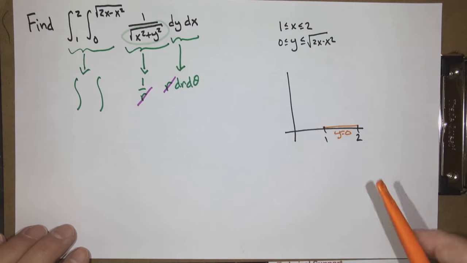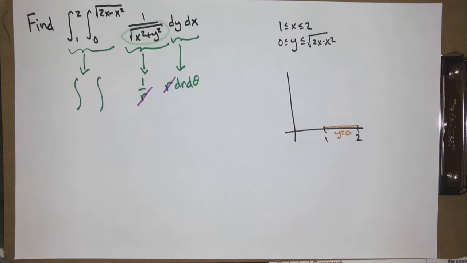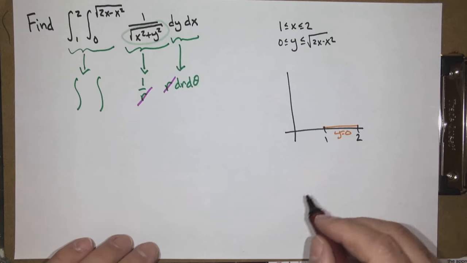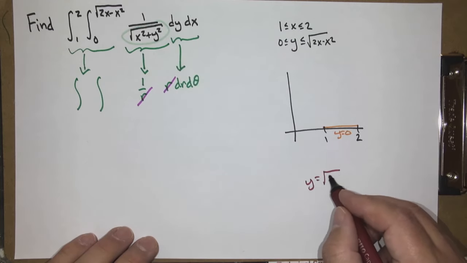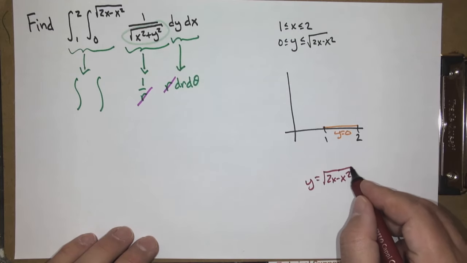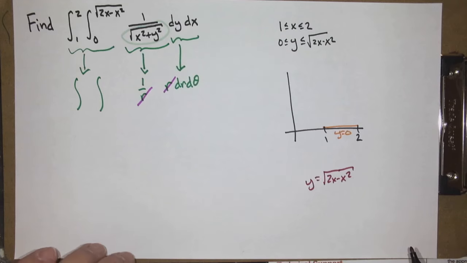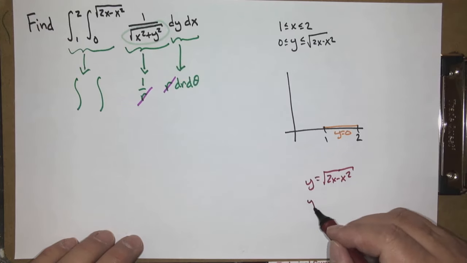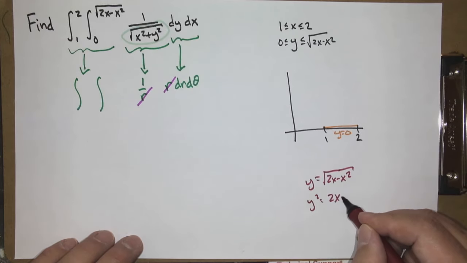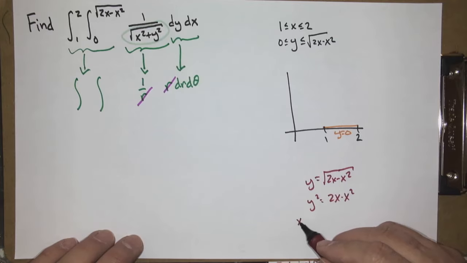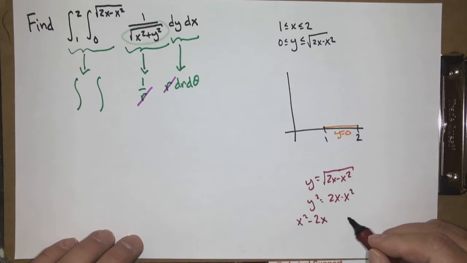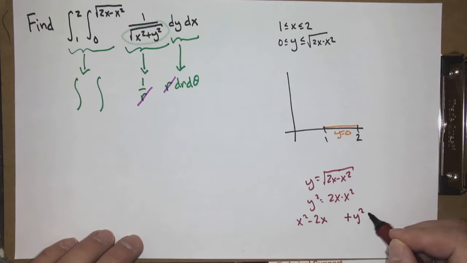Now, y equals the square root of 2x minus x squared. That doesn't look so friendly. What can we do to make it look friendlier? Square both sides. Y squared equals 2x minus x squared, or x squared minus 2x and a suspicious gap plus y squared equals 0. What can we do with our suspicious gap?